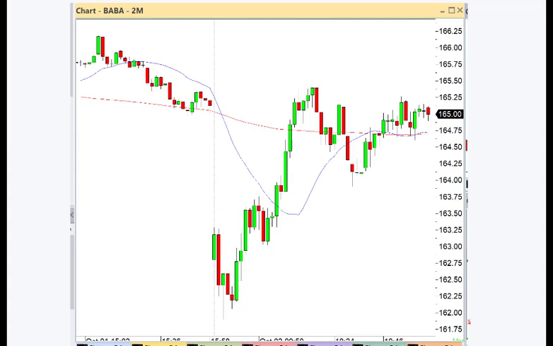I find that when traders get into the habit of separating the market by color, looking at the market through color, it sometimes leads to better trading choices. So what does that mean? That means this.